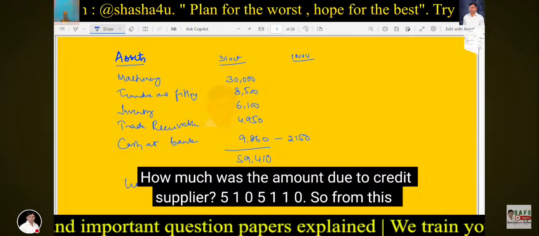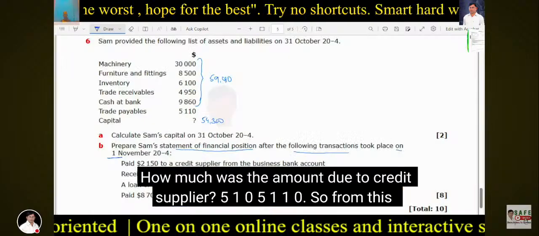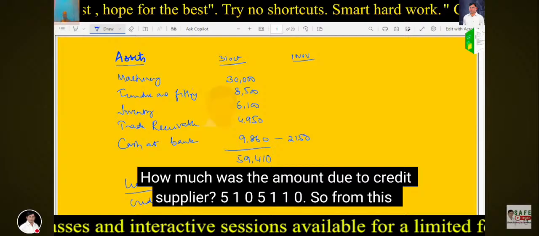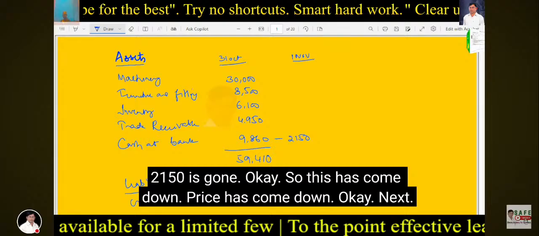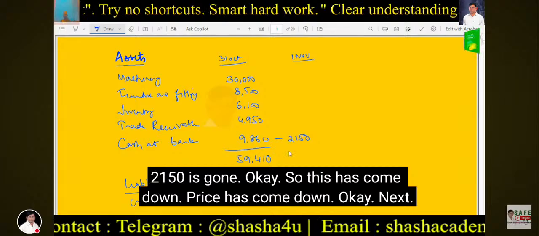How much was the amount due to the credit supplier? 5,110. From this, 2,150 is gone. So this has come down. Okay, next.